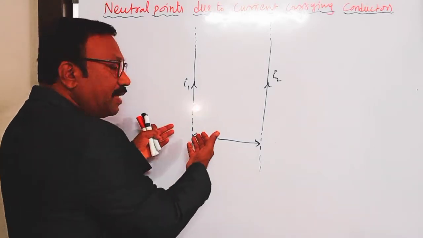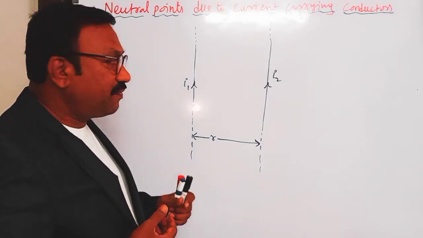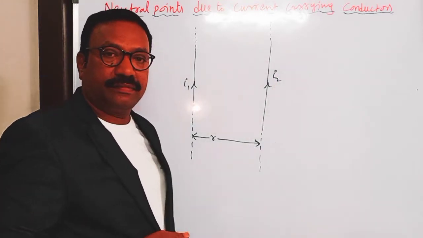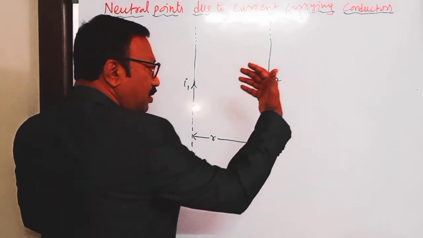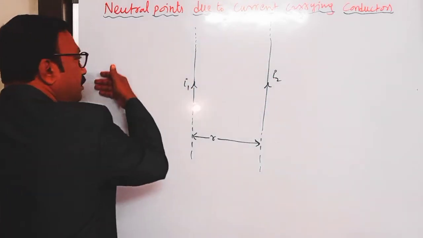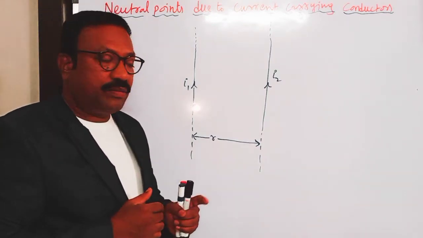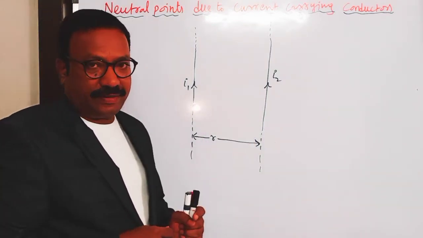These current carrying conductors, both, produce magnetic field in this vicinity. So whether you consider this region or this region or this region, there will be magnetic fields produced by both conductors.